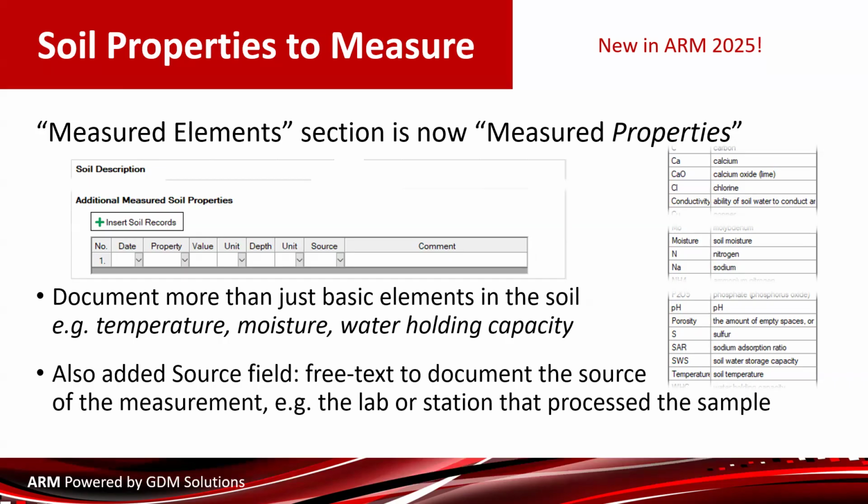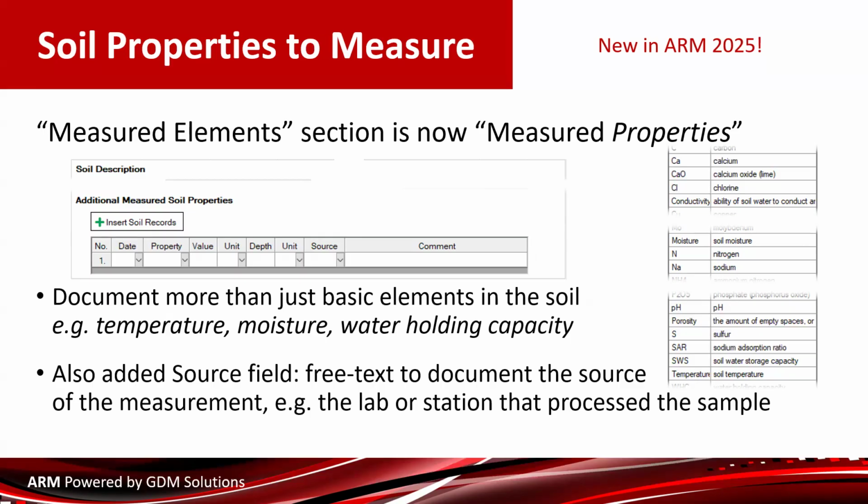So we've beefed up this table in the soil description to record a lot more details, different things you might be rating about the soil, but just at the trial site instead of plot specific. Some examples: temperature, moisture, water holding capacity, those are all new. In addition, we still have all the other elements in that list as well.